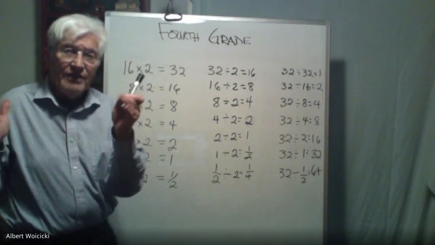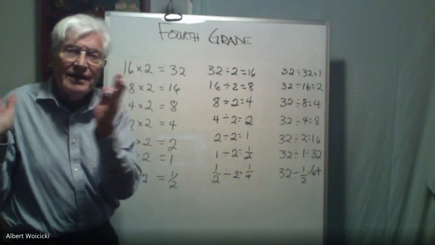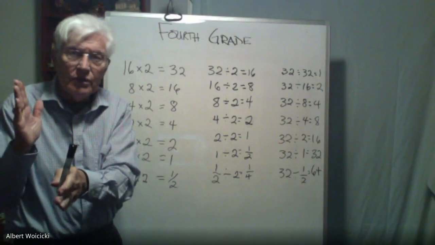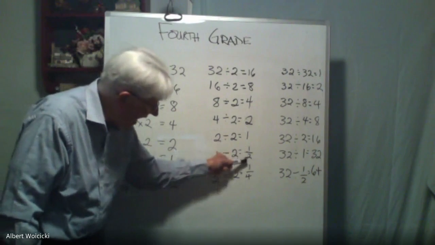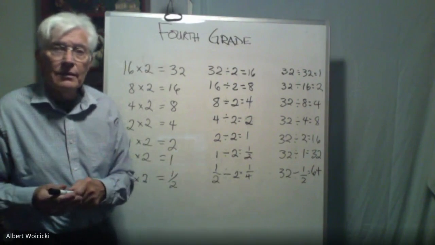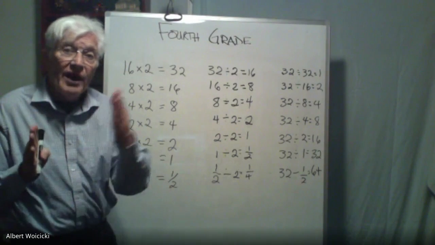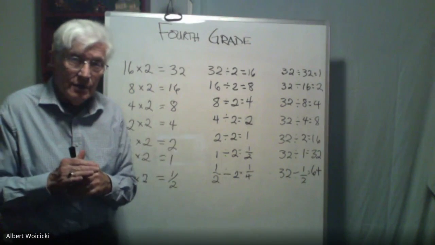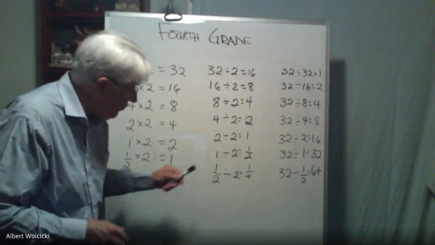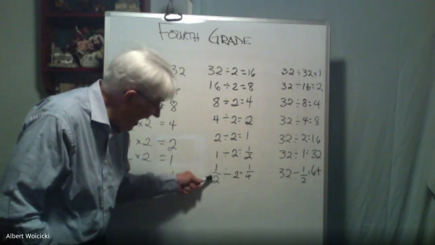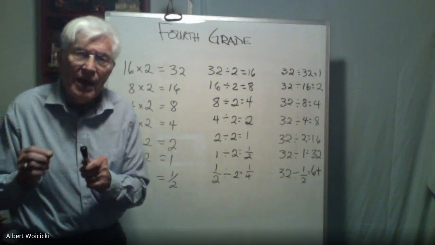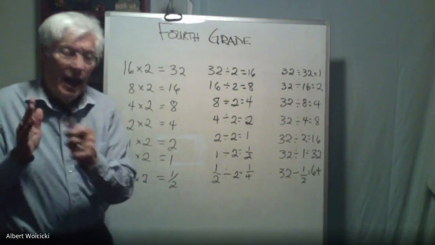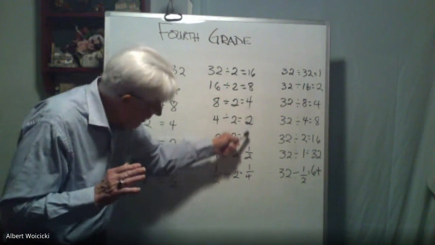I'm taking the length of 1, but I'm cutting it into 2 pieces. And each piece is called 1/2 of that. Now, what happens when I take 1/2 and divide it by 2? My pattern tells me what has to happen.